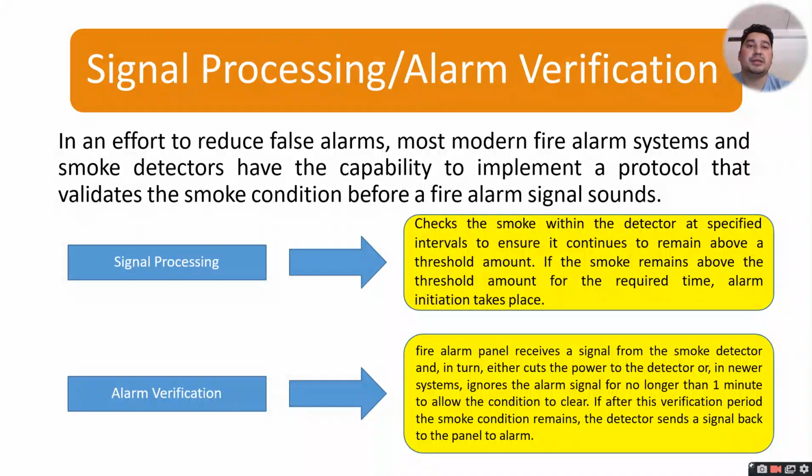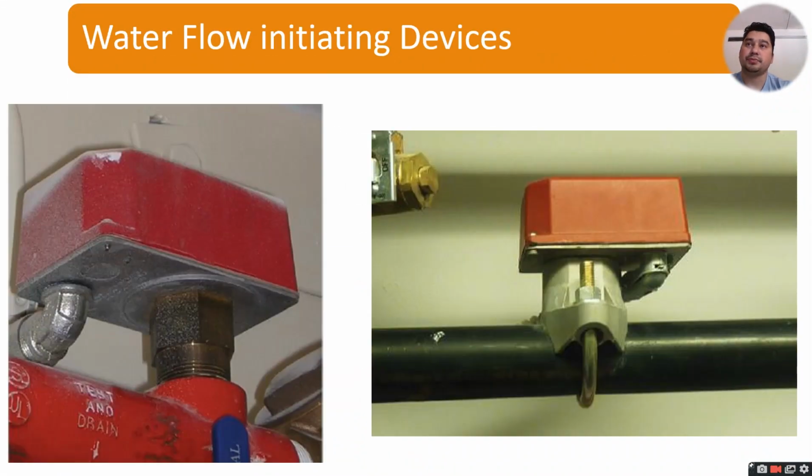If within 1 minute the condition has completely stopped, then it will not send the signal to the fire alarm control panel. If the condition remains for more than 1 minute, then it will send an alarm signal to the control panel and the alarm will start to sound. So this is the complete process for signal processing and alarm verification.